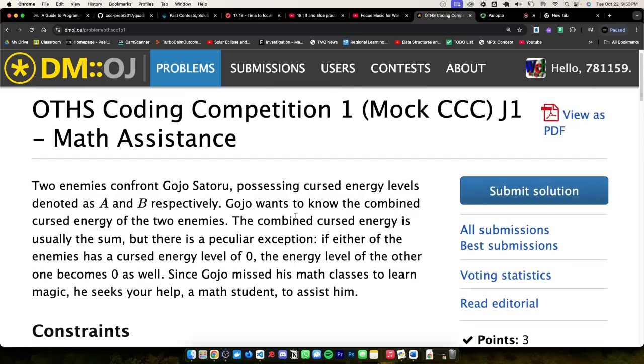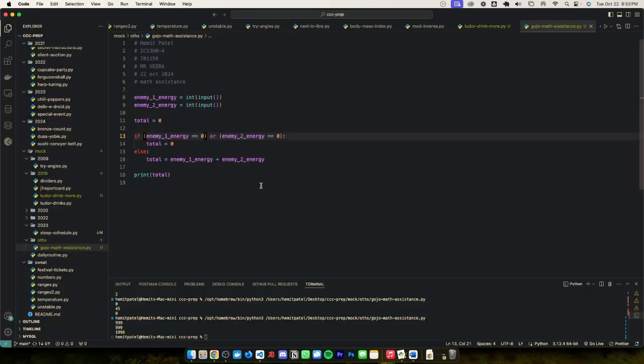Over here, it's saying that if either of the enemies' energy is 0, then the whole energy becomes 0 as well, because the energy level of the other one becomes 0. And if you do 0 plus 0, you will always get 0, right? So just assigning total to 0 like that makes perfect sense.